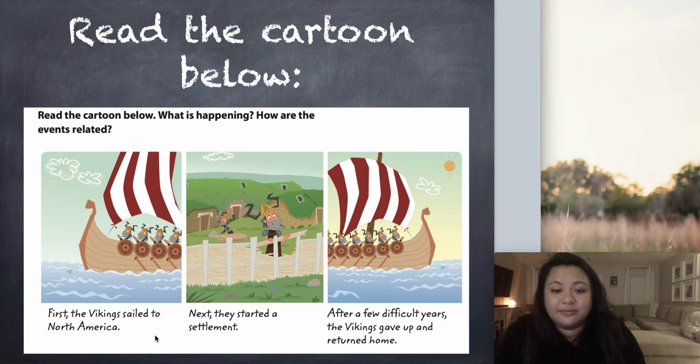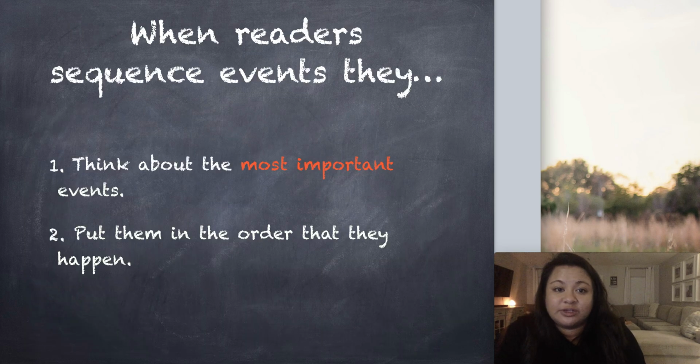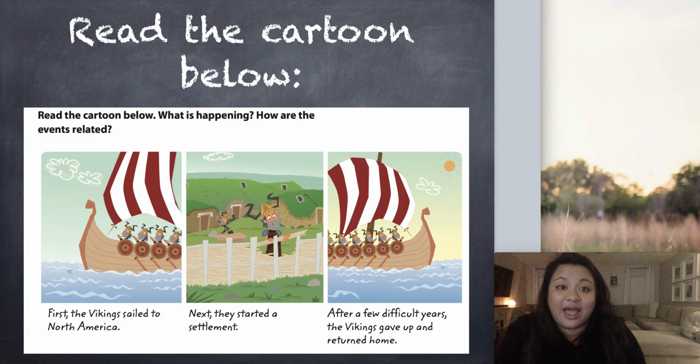Think about that. Well, the first thing that you need to do, let's go back to our other slide, think about the most important events and then put them in the order that they happen. Lucky for us, they're already in order, but how do we know that this is sequencing? Well, you can look at the words used at the beginning of the sentences. We have first, next, after a few difficult years.